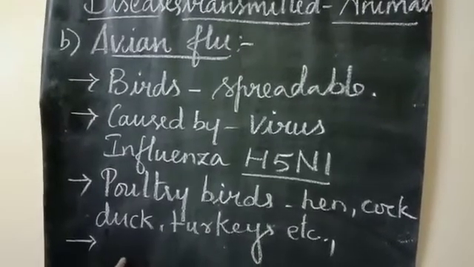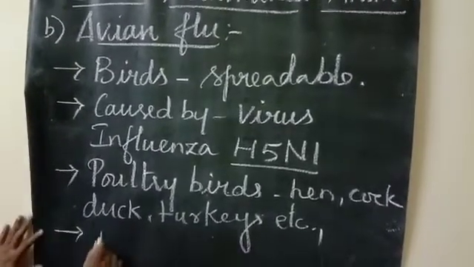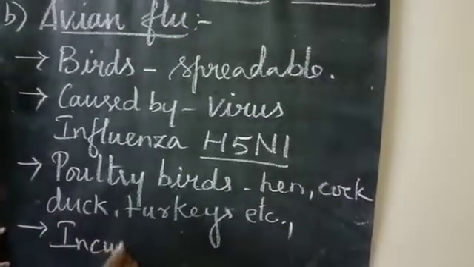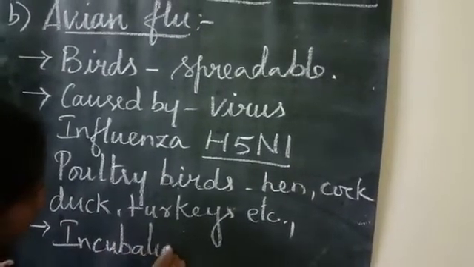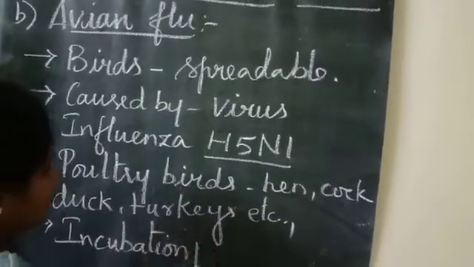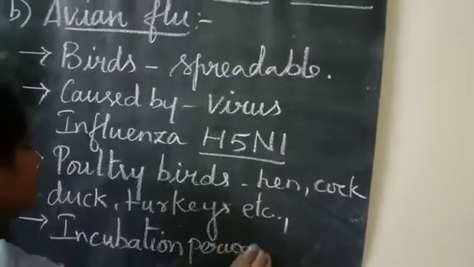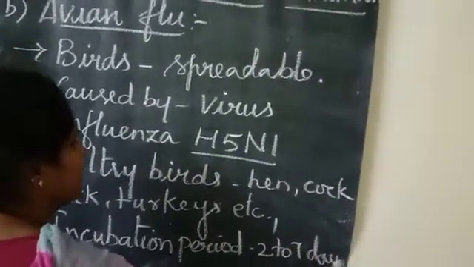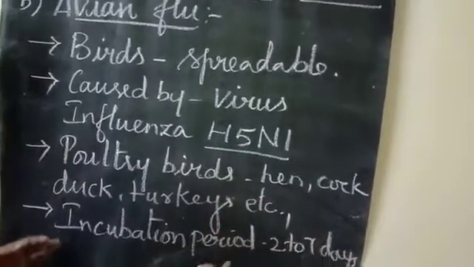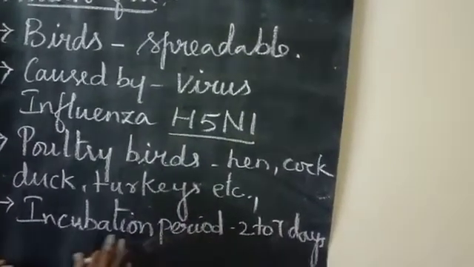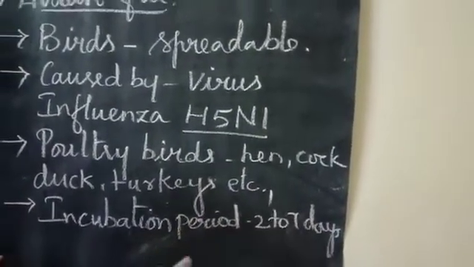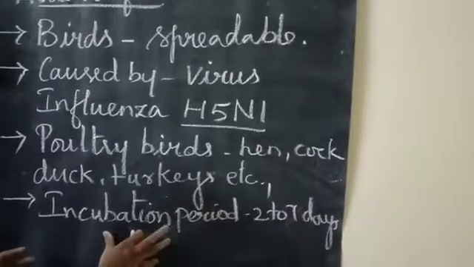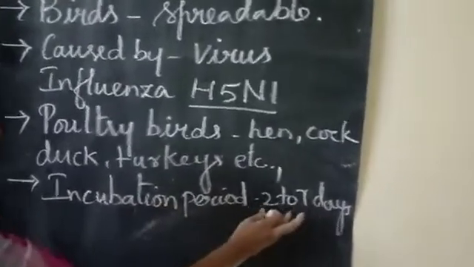And the incubation period, if you see, is 2 to 7 days. During 2 to 7 days, we will not get any symptoms. After that, the symptoms slowly start to become visible in our body. That is called the incubation period.